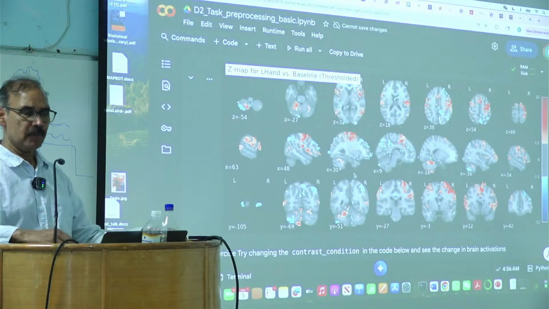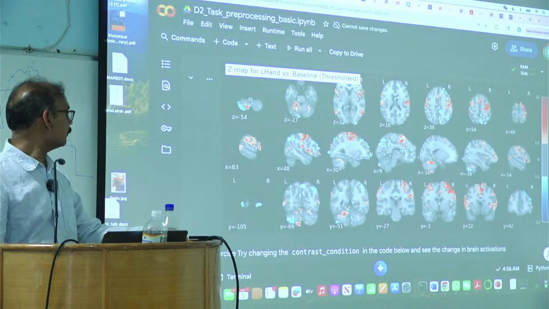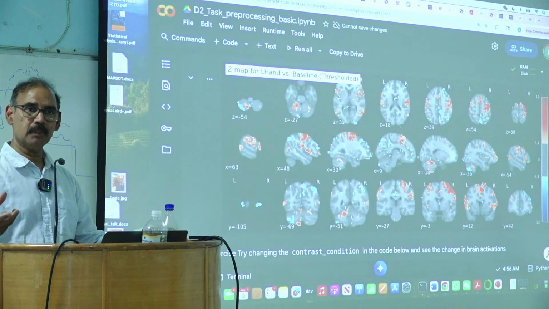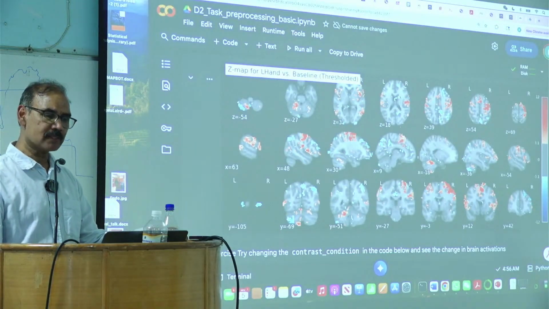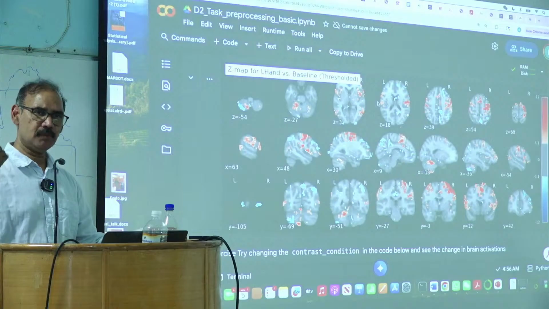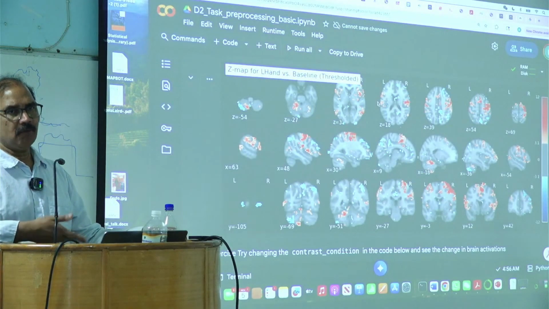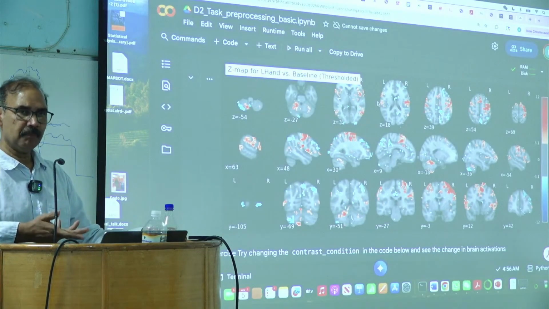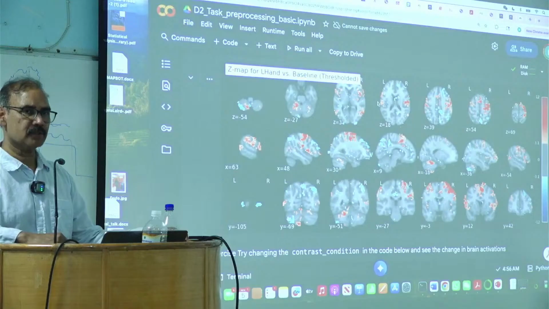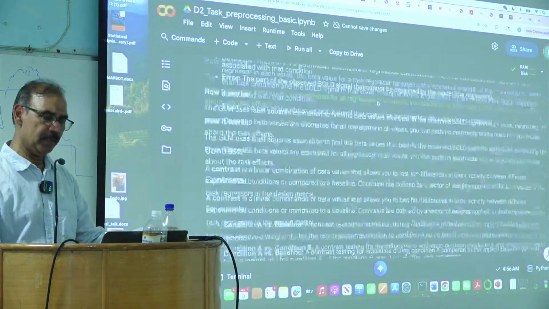If there are some voxels somewhere around here, it will make them into one big blob of a cluster, while some random voxels which passed the threshold would not pass the threshold. So that would be another way to find clusters.